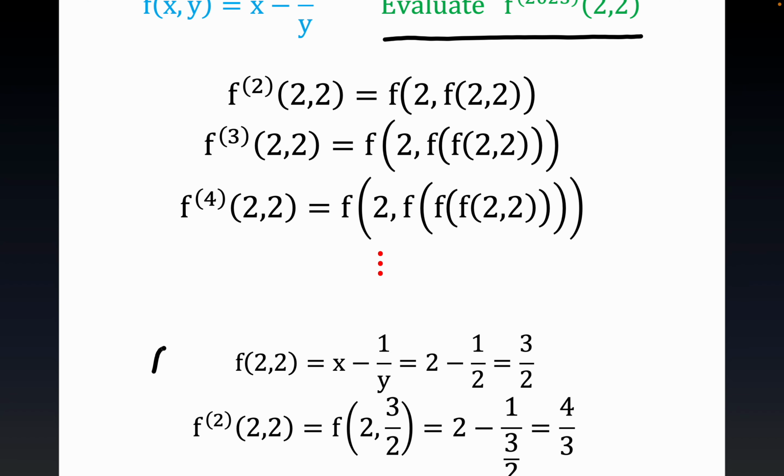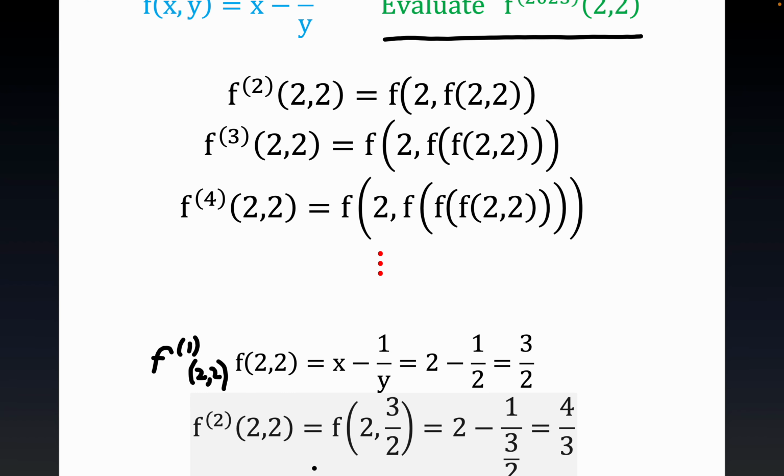It seems kind of clunky, but it's not an exponent. All right, so that's what we mean. f at 1 is just the first iteration. f at 2 is the second iteration. That's f superscript, paren, and so on.